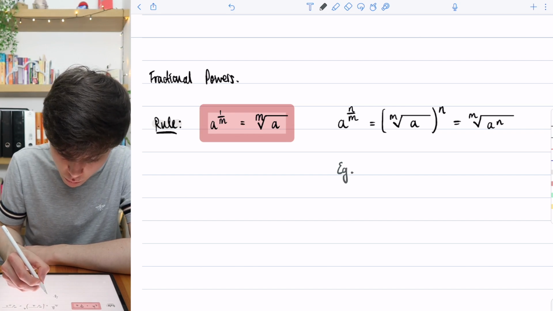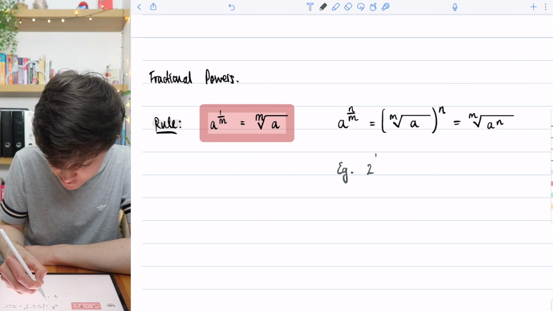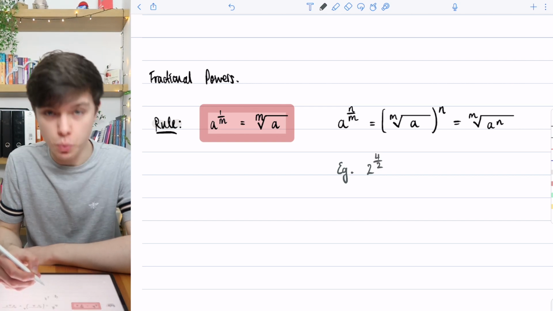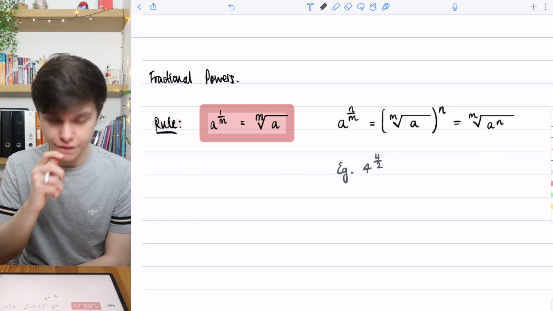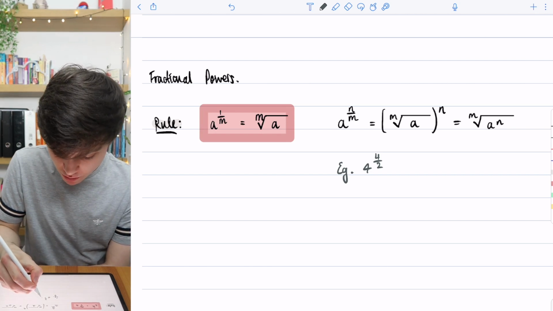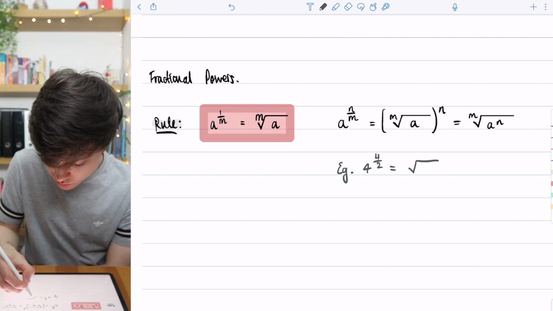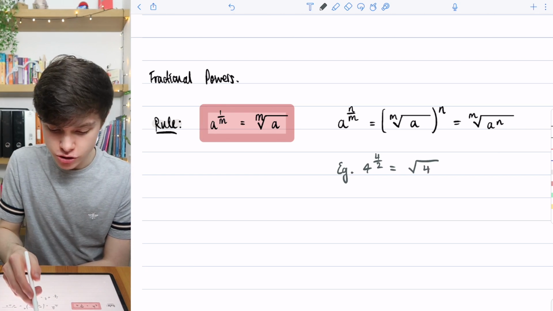Let's say we wanted to first of all have a look at 4 to the 4 over 2. In fact, I'm not going to have that as a 2, I'm going to have that as a 4. So what we're going to do is write that as the square root of 4. It still works because our bottom number is a 2.